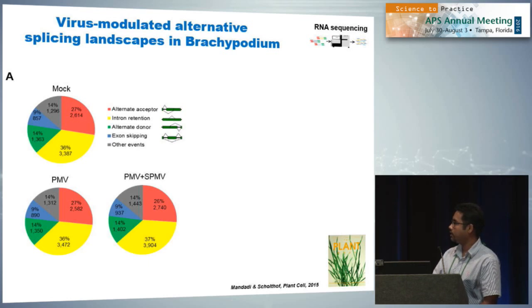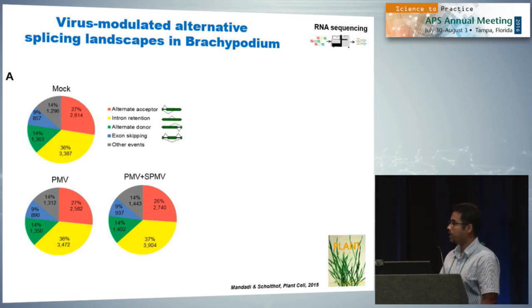For example, intron retentions are still the most abundant and exon skippings the least abundant, with both PMV and SPMV infections. So there are no big qualitative changes. But what is different is that in each of these splicing types there is a higher number of splicing events. So that's a quantitative effect of viruses on splicing.